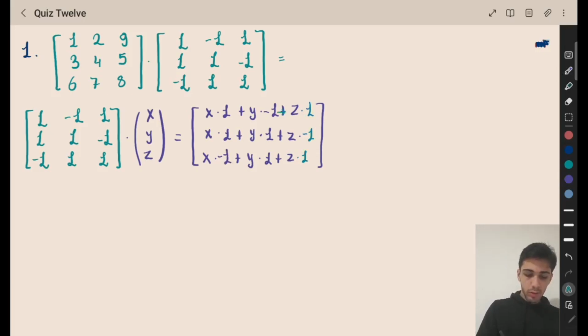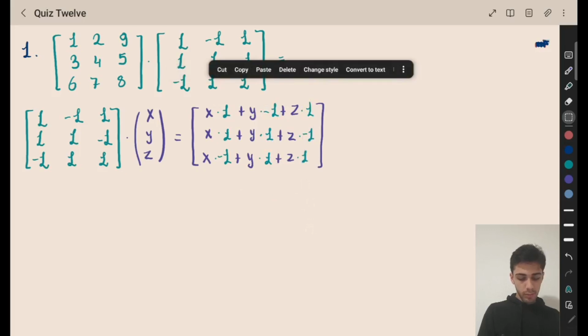I'll even color these in green. I want you to focus on how they're related to the values in the matrix. So this is the first row. This is the second row, and this is the third one.